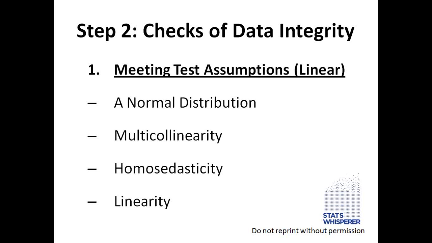Then homoscedasticity, that's a rather long word, and linearity. If we're going to do linear regression, we need to do each of these checks before we can even do the regression.